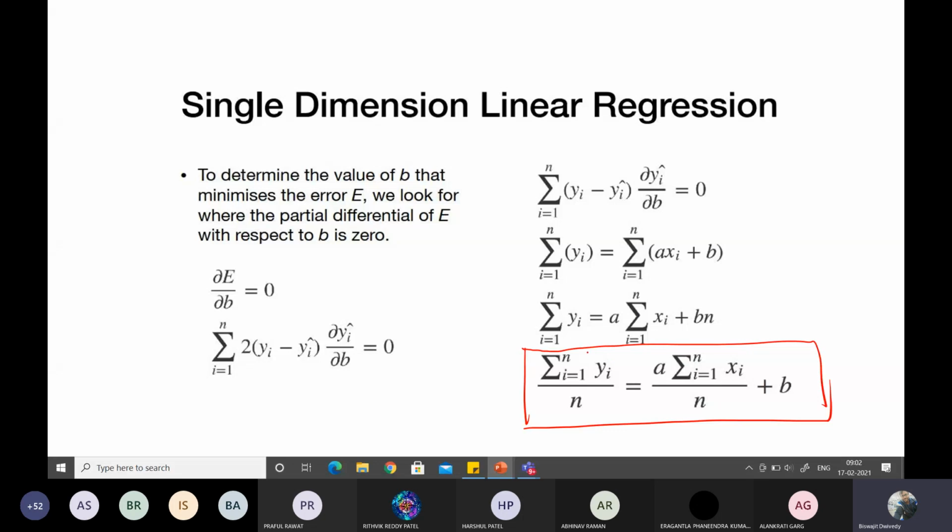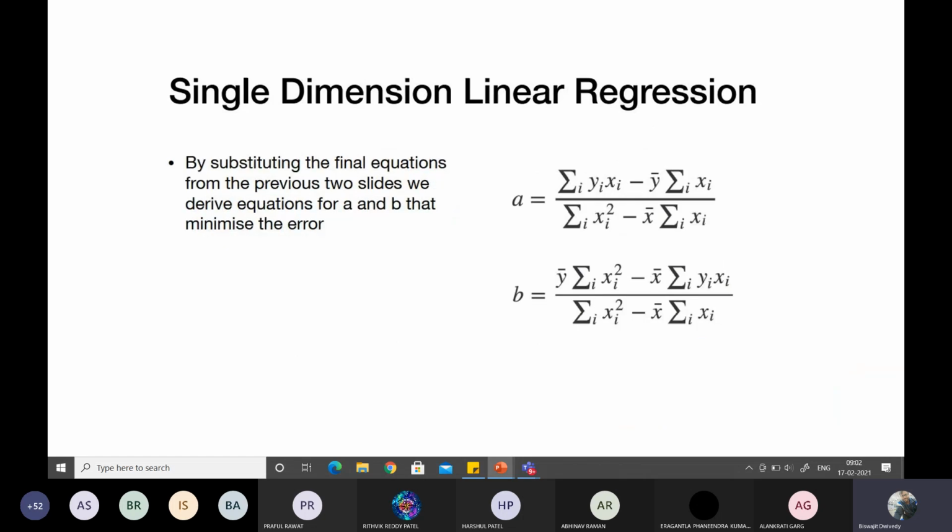The summation of yi by n is equal to something plus b. From these equations, we can now find the values of a and b, meaning this is your slope and this is your y-intercept, m and c.